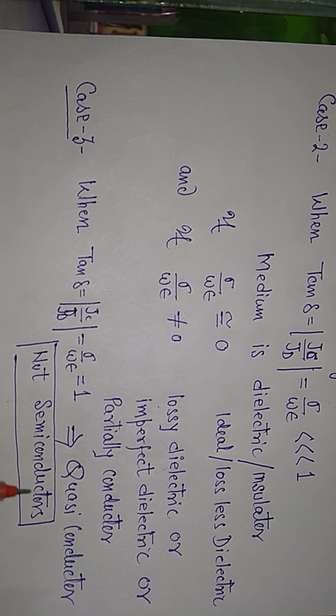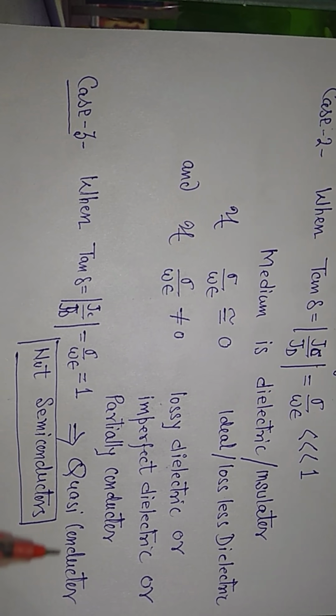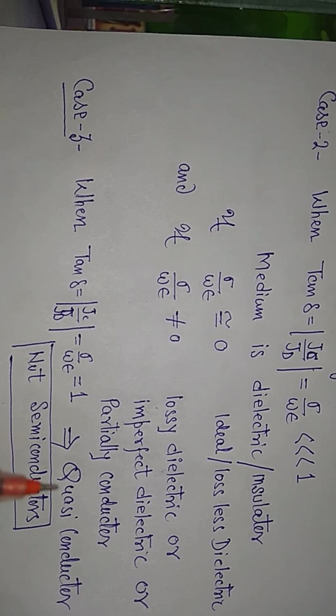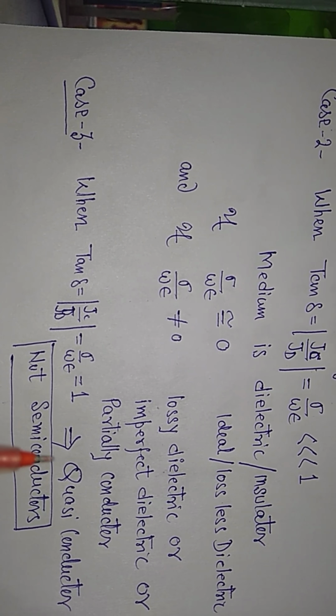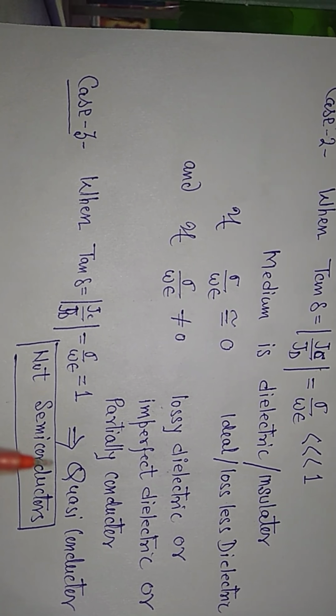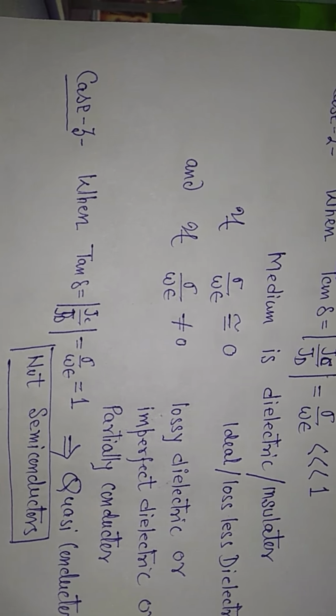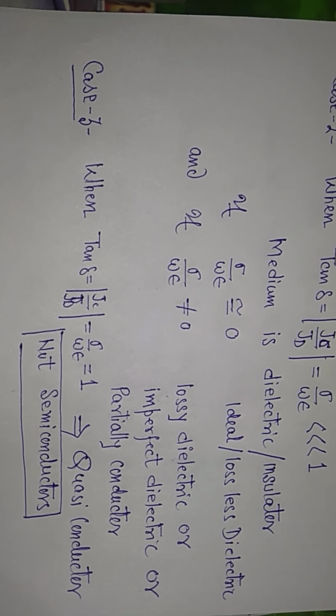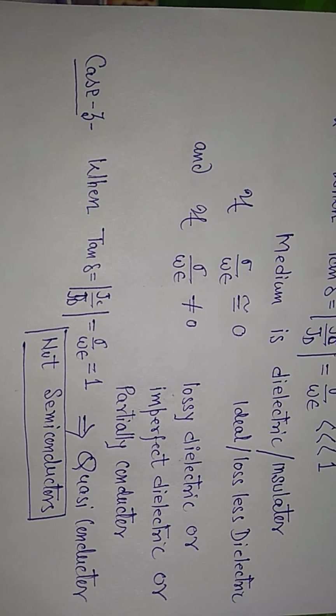So semiconductor and quasi-conductor are totally different. A quasi-conductor is made of a substance which under particular conditions behaves either purely as a conductor or purely as an insulator. Such mediums are known as quasi-conductors.